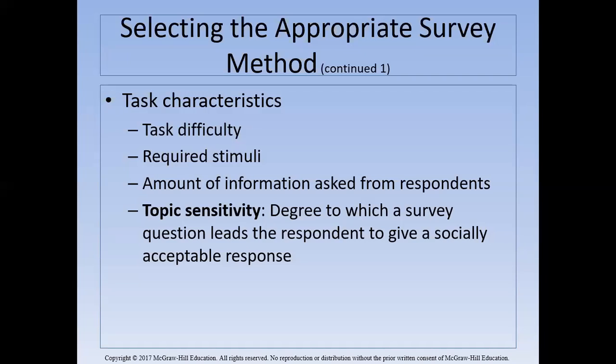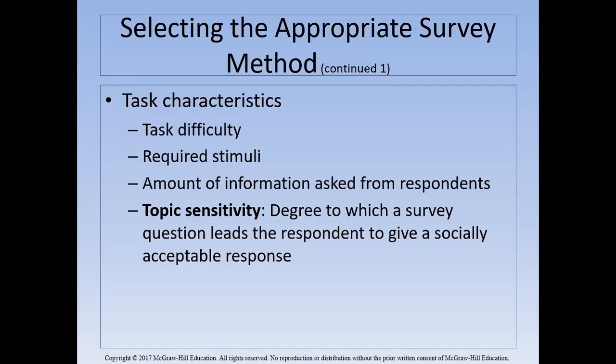It depends on how difficult the task itself is, and whether they want to stimulate a response. They want to make sure respondents answer the questions in certain weather, whether they feel very hot or very cold.